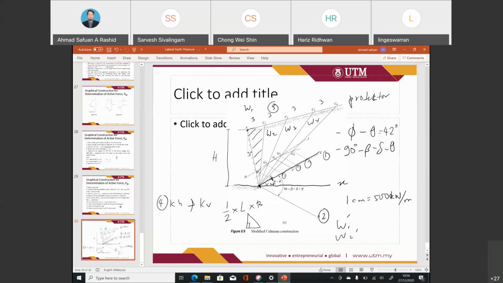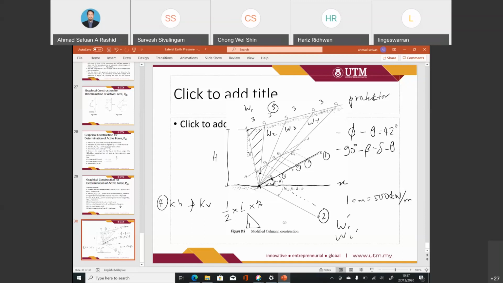Sorry, not a tangent. Now you have F1. You need to refer to the BD. This is the BD. It should be parallel to the BD until it meets the C1. I repeat again: to get the point G1, your F1 should be parallel to the BD line.